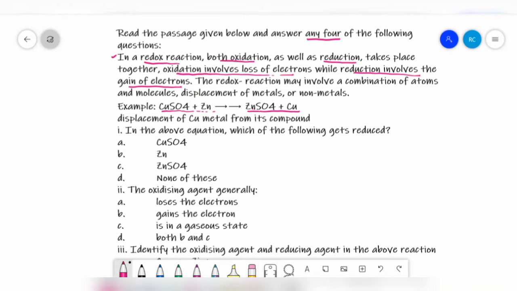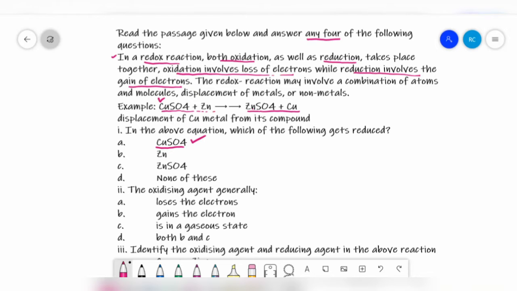Copper sulfate is already having oxygen, so during this reaction, this oxygen is transferring to the zinc atom, so zinc will be converting to zinc sulfate. So copper sulfate will undergo reduction and zinc will undergo oxidation. In this reaction, the substance that gets reduced is copper sulfate, and the zinc gets oxidized.